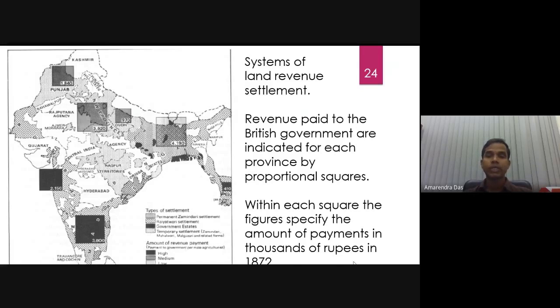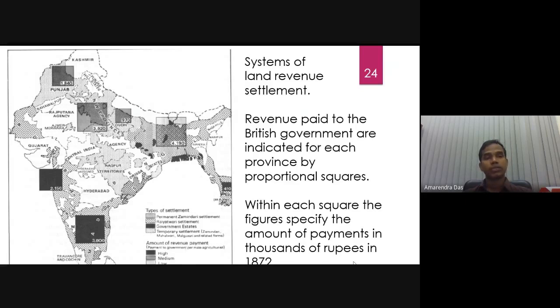And if you see the revenue collection amount, how much land revenue is to be collected, we see different boxes, and the rates are also written. It is given in thousands of rupees in 1872. So you see in the Bengal presidency 4,190, then in Madras presidency 3,800, and then in Bombay presidency 2,150.